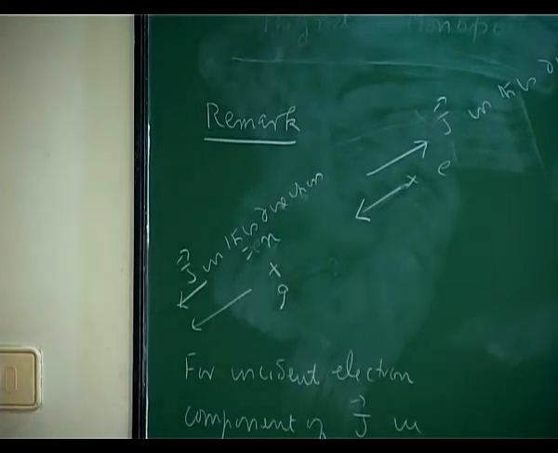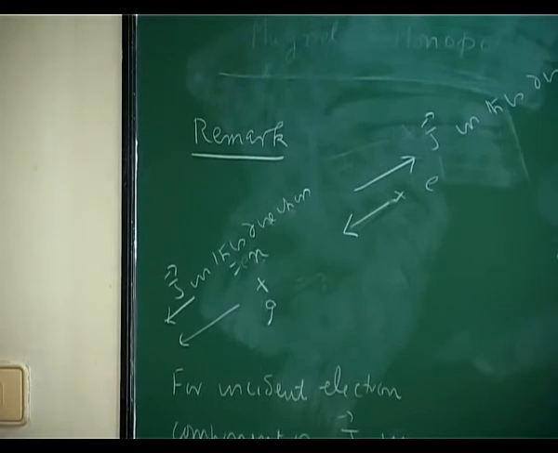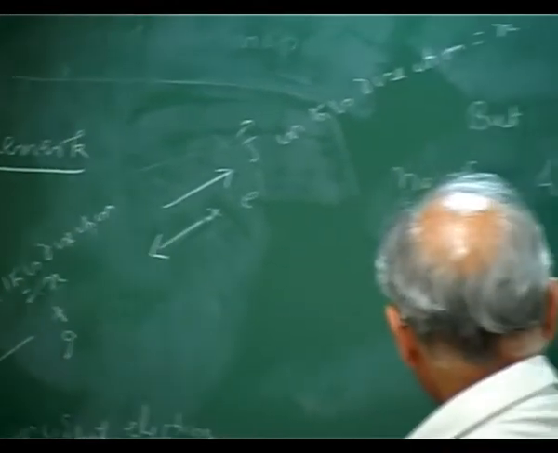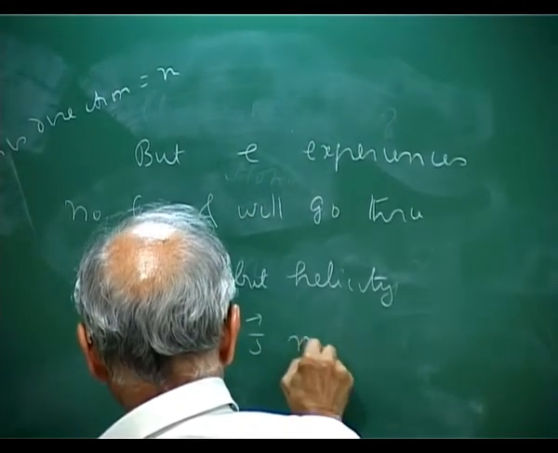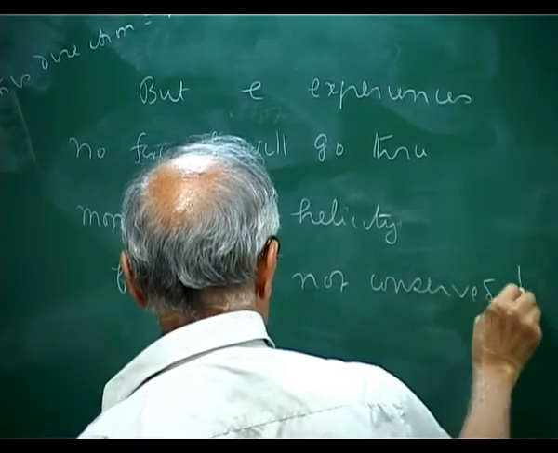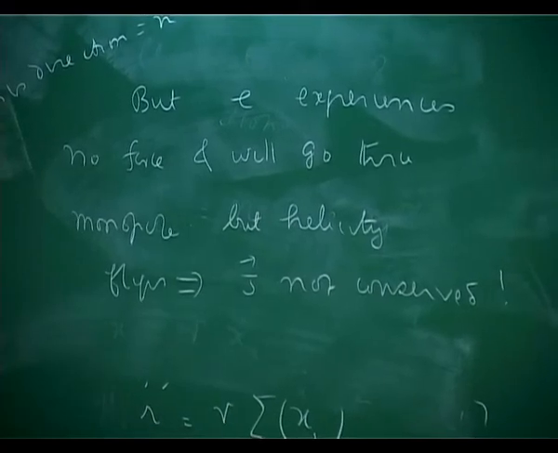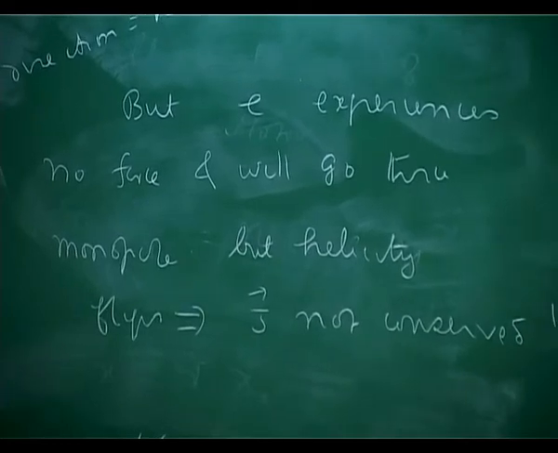That means angular momentum is not conserved, but helicity flips. Implying, J not conserved. So you see, already classically there is a trouble, because, well, you can see what I mean.